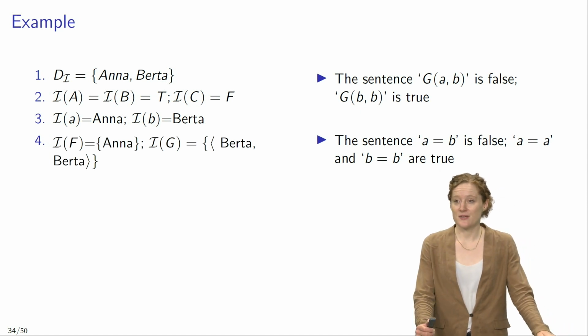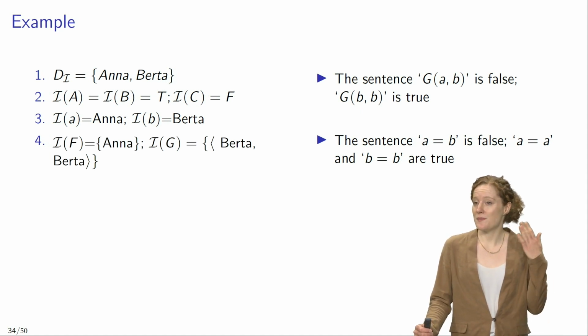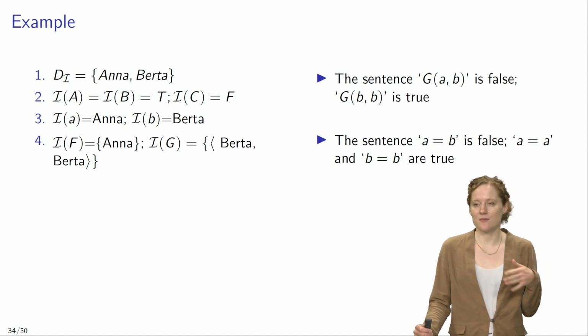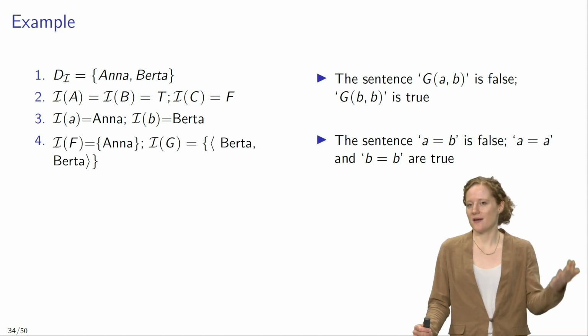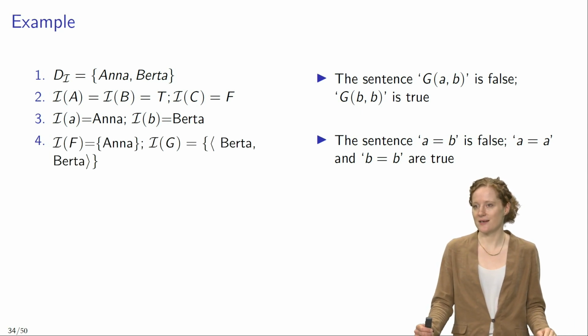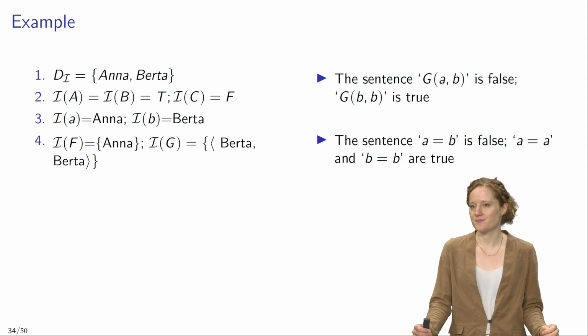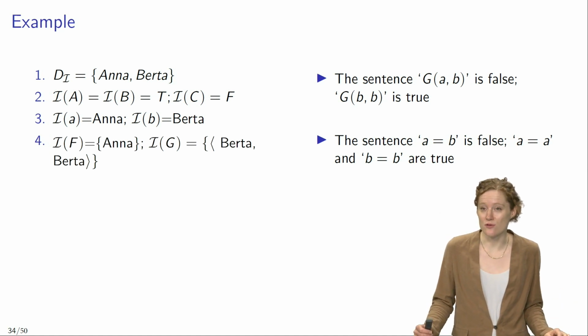Now, on this interpretation, the sentence GAB is false. Why is that? Well, the name A refers to Anna and the name B refers to Berta, but the ordered pair that consists of Anna as first member and Berta as second member is not an element of the interpretation of G. So that's why GAB is false. The sentence GBB, however, is true.